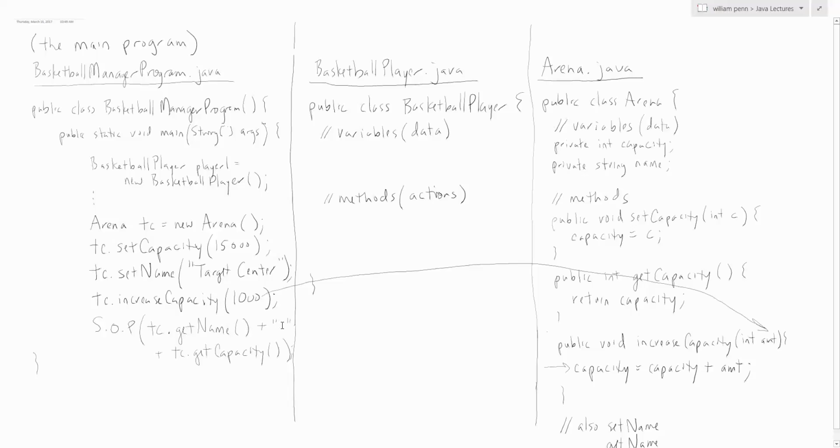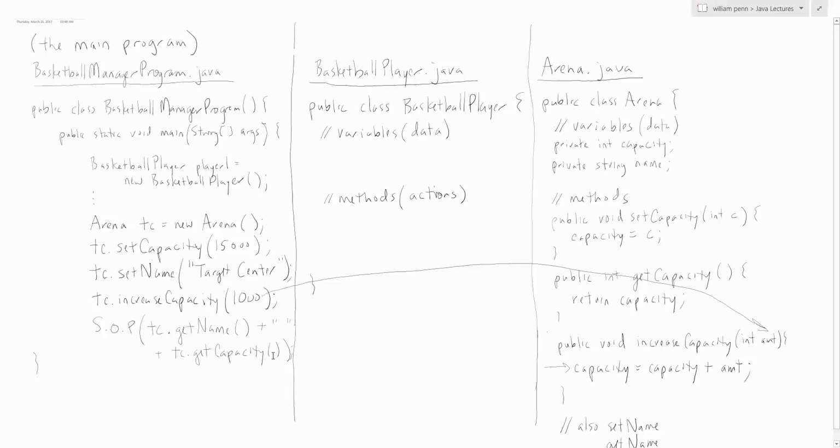Then I'm putting a space, and then I'm calling TC.getCapacity. This calls this method right here, getCapacity, and all that does is return the capacity, which at this point in time is 16,000. So this line would print out target center space 16,000 in this particular case.